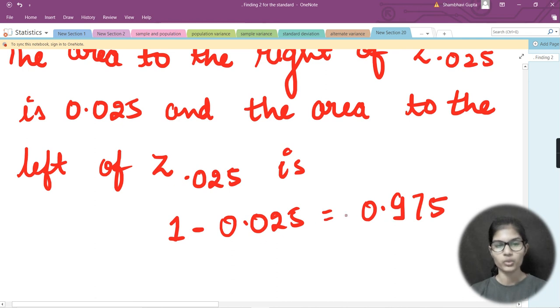This is a subtraction for both of these. So the area to the right is 0.025, and the area to the left is 0.975.